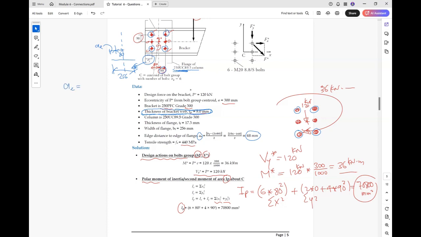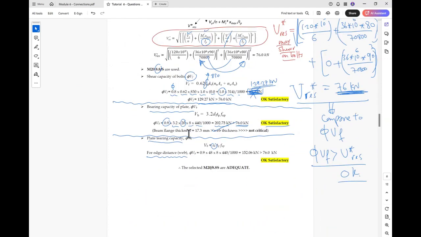So AE will be 256, the total flange, minus 2 times 80, because we have one from this side and one from this side, over 2. This gives us AE, or the edge distance, as 48 millimeter.